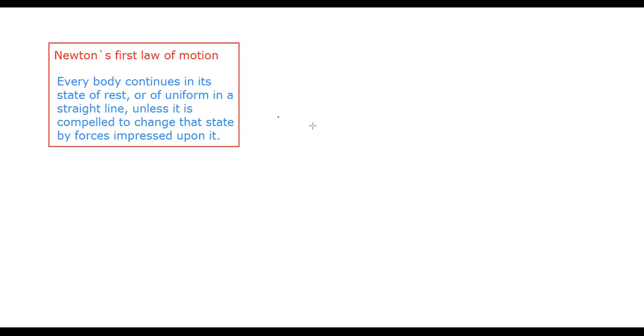Reference systems where we have Newton's first law of motion are known as inertial reference systems. This law is true in inertial reference systems.